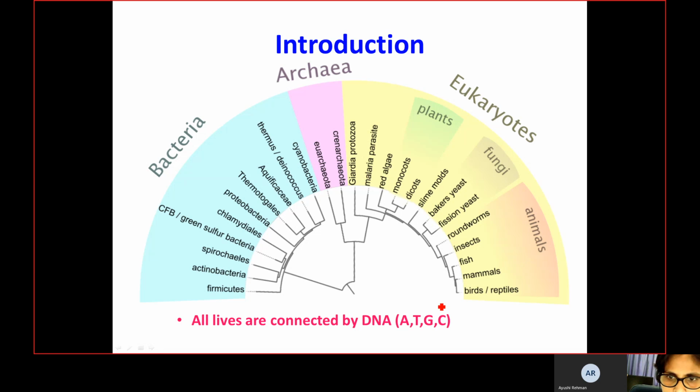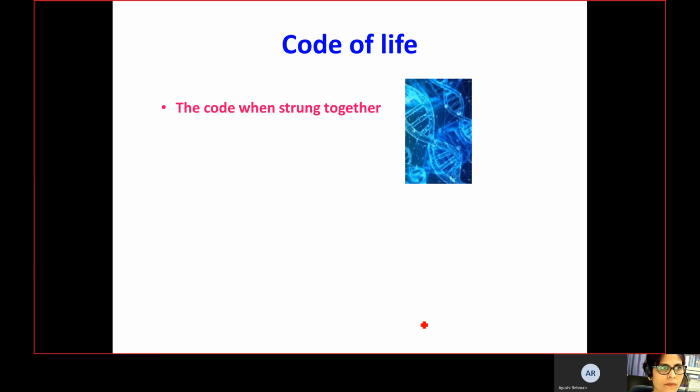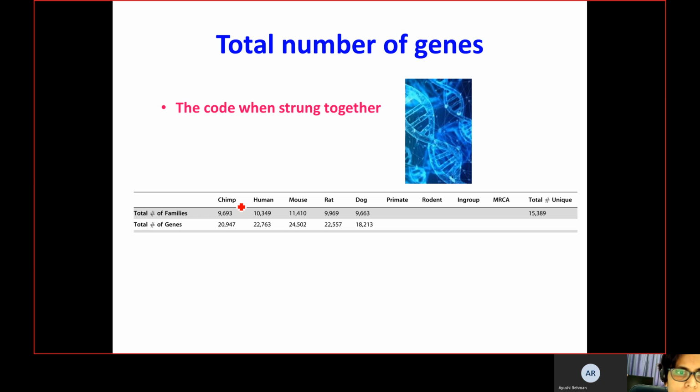And the four-letter code here, ATGC, provides the code of life. Now, when these four-letter codes are strung together, they form a unique blueprint for each organism. And in mammals, billions of letters come together to encode more than 20,000 genes, as can be seen here.